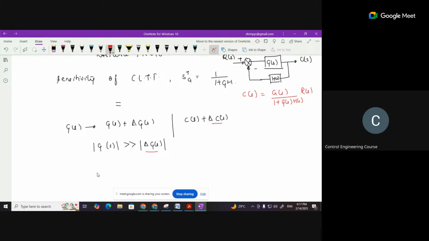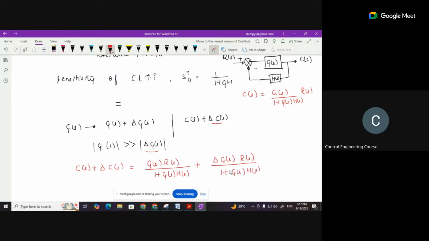So we can write CS plus del CS equal to GS RS divided by 1 plus GS HS plus del GS RS divided by 1 plus GS HS.